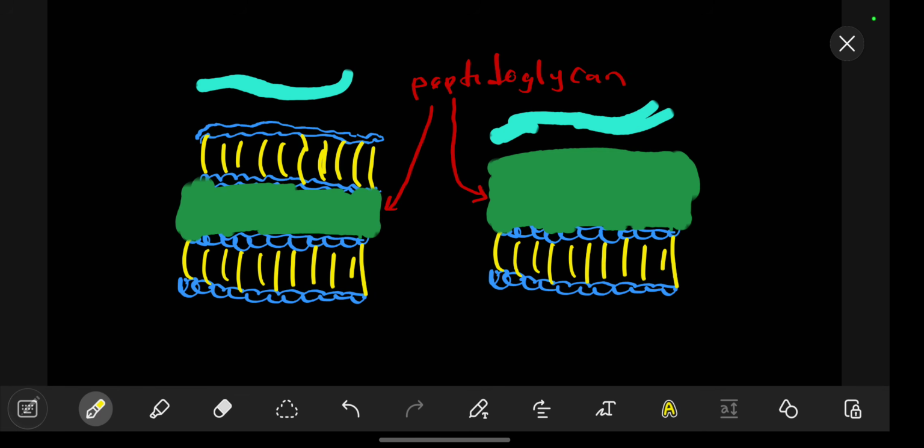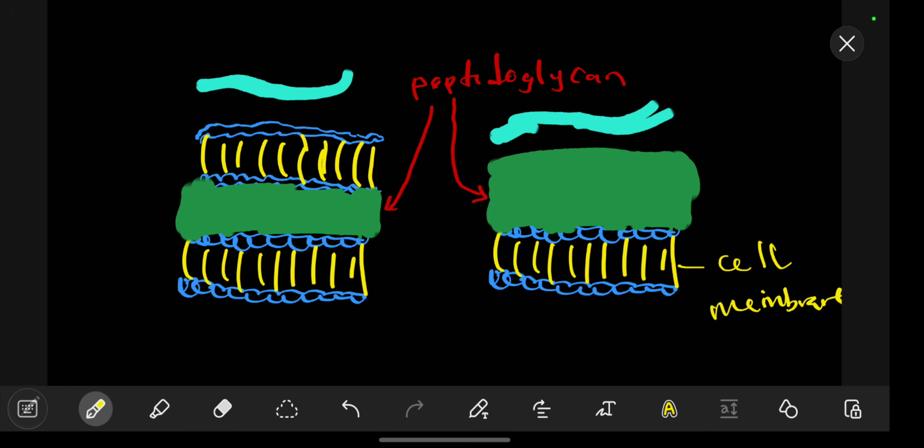The cell wall of a bacteria is very crucial for us to identify. One type has two cell membranes, the other one just has one. So this is our cell membrane, and we have the peptidoglycan, which is the cell wall.